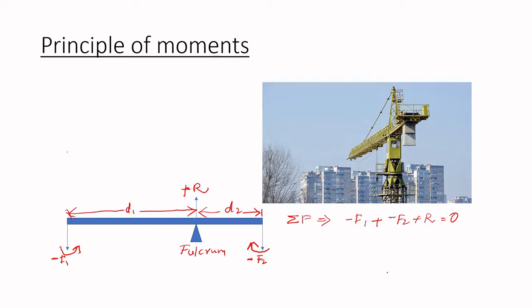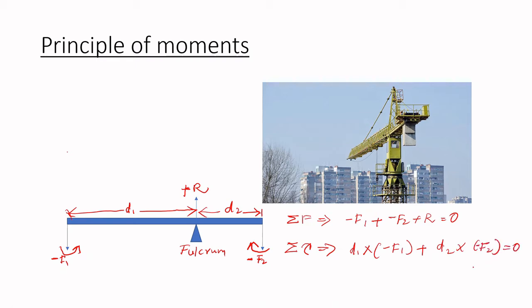For considering rotational equilibrium, we take the moments about the fulcrum. That is what is meant by moments about the fulcrum. The total moments or the total torques about the fulcrum is d1 cross minus f1 plus d2 cross minus f2.